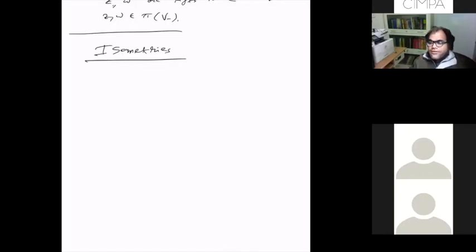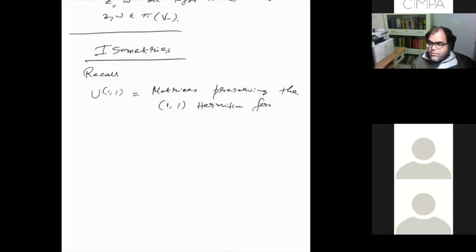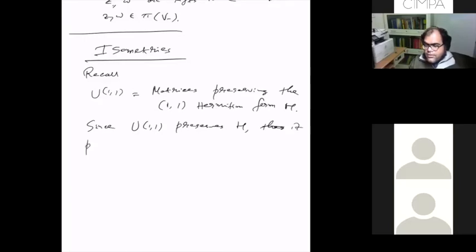All right, so first recall U1,1 are matrices preserving the 1,1 Hermitian form H. Since U1,1 preserves H, it preserves V plus, V minus, V naught.